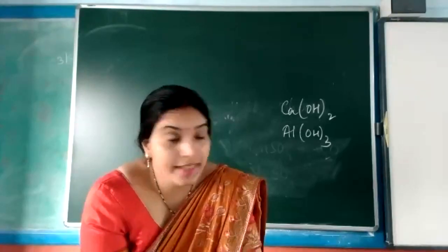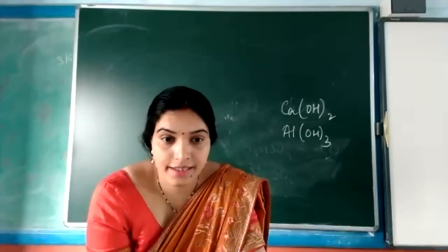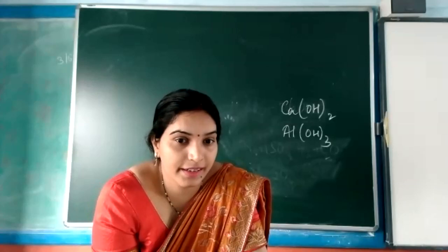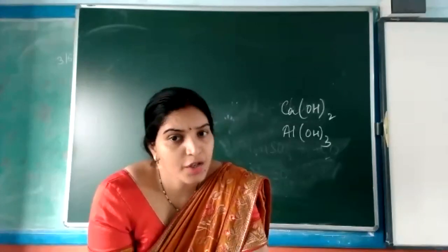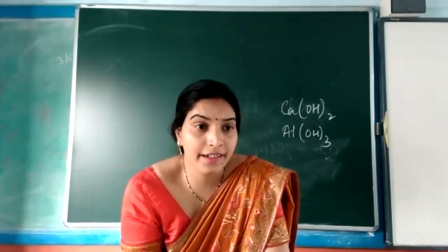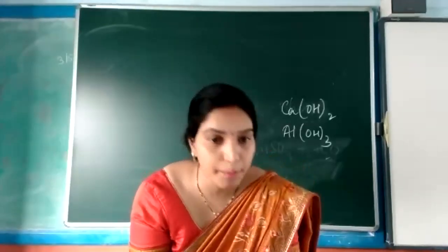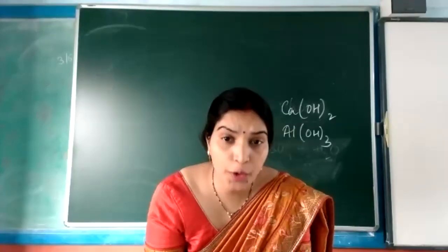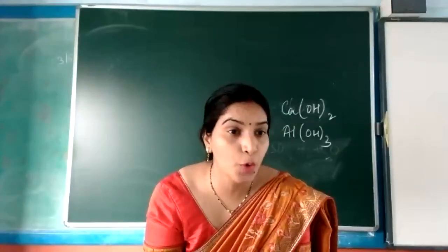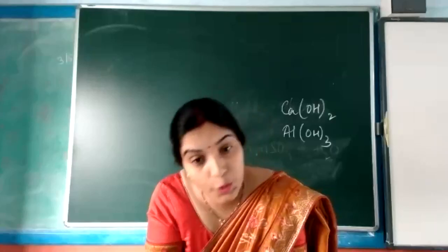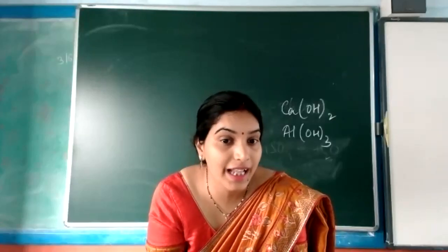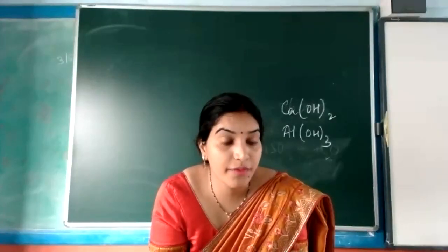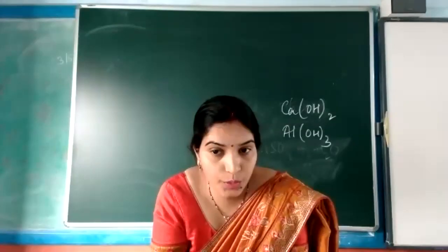Now the question arises, hydroxyl ion is a negatively charged particle, means acidic radical. So definitely this acidic radical is attached with some basic radical. In case of calcium hydroxide, 2 acidic radicals are present, means 2 OH ions are present, but only 1 basic radical, that is calcium, because the valency of calcium is 2.